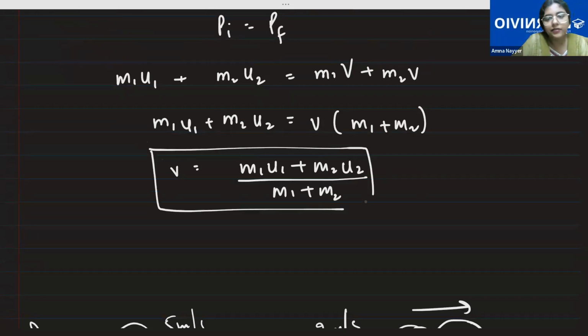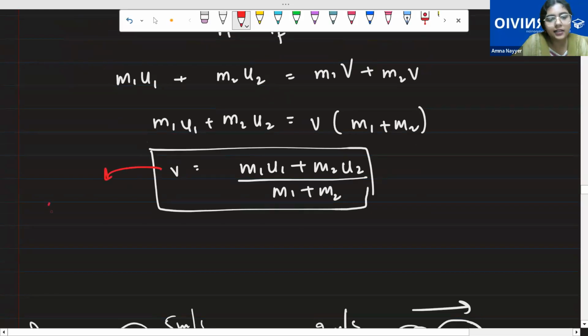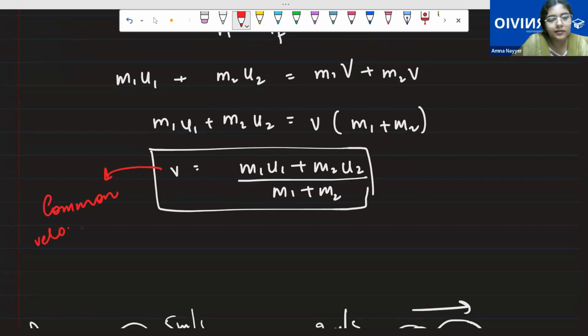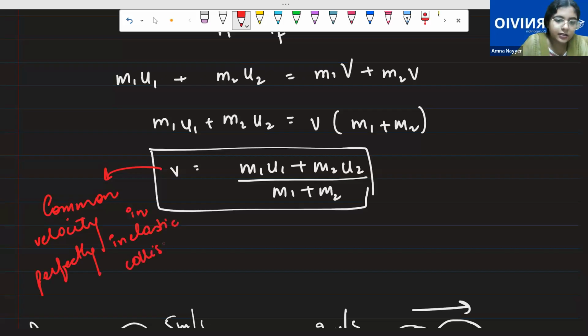This is the final velocity, known as the common velocity in perfectly inelastic collision. This is just what is new here, because the above part is exactly the same.